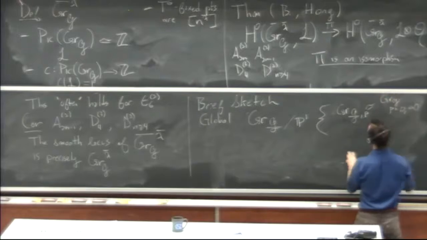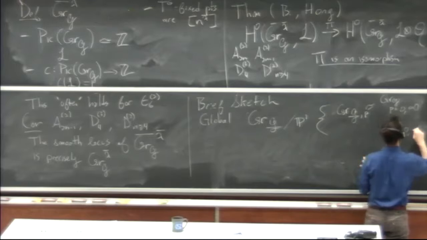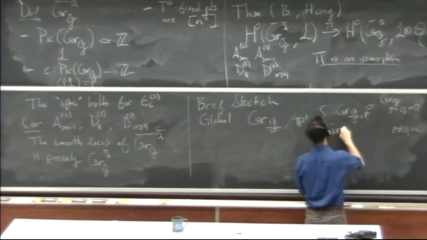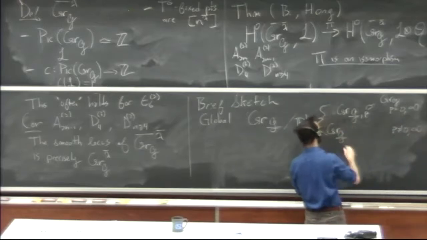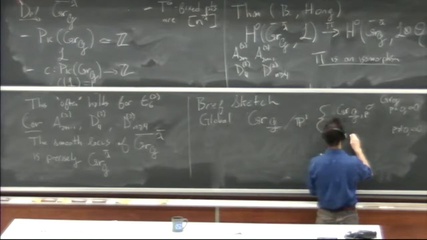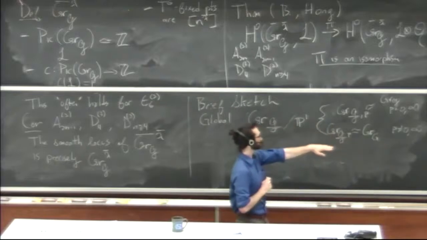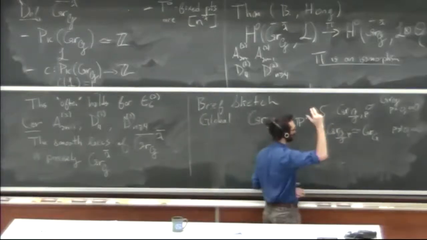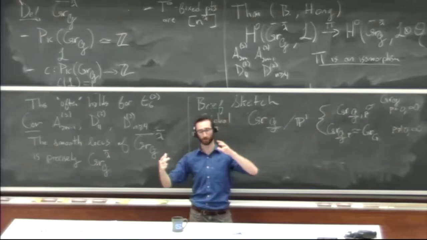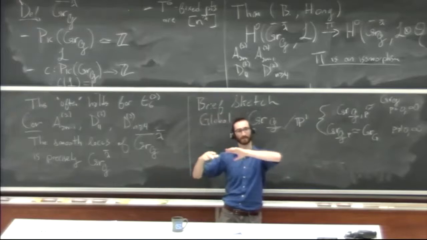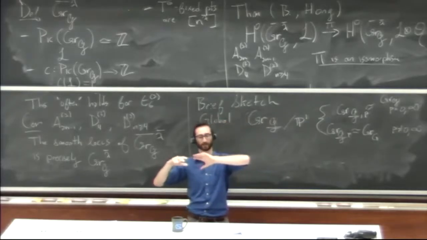And when P is not equal to 0 or infinity, then the fiber of this global affine Grassmannian over P will be an untwisted affine Grassmannian. It'll be isomorphic to just Gr G. So we have this global situation, which allows us to translate information from the untwisted affine Grassmannians to the twisted affine Grassmannians.